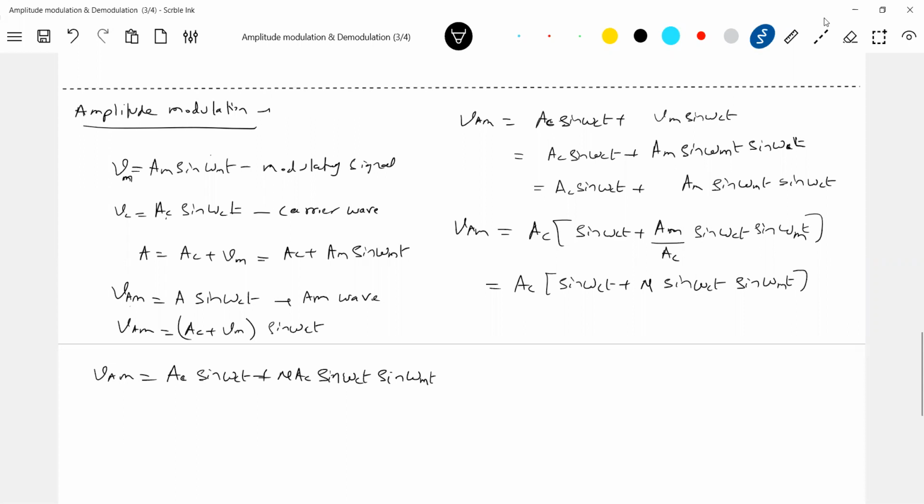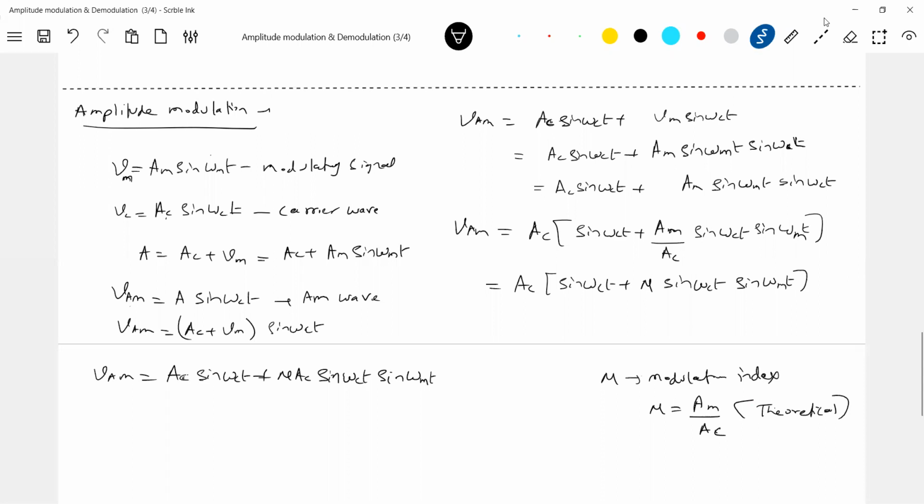Now what is mu? Mu is called as modulation index. It is equal to amplitude of modulating signal by carrier. This is theoretical on paper. That particular ratio is something very important, theoretical.